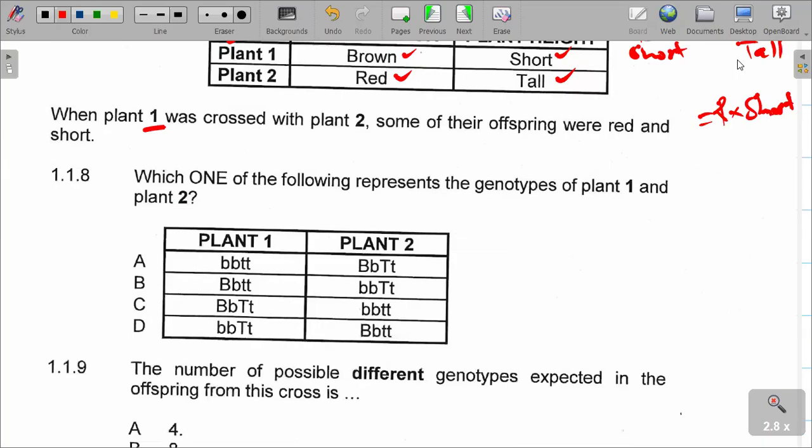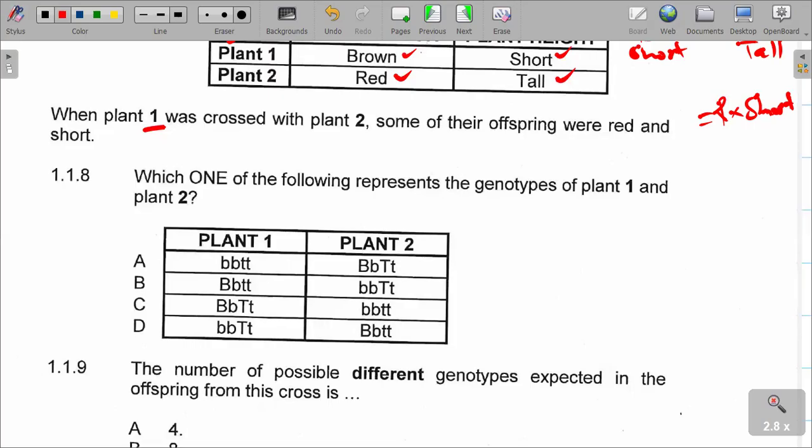Which one of the following represents the genotype of plant 1 and plant 2? If we look at this expression, we are looking at a dihybrid cross here. So we have two characteristics that are considered at the same time.